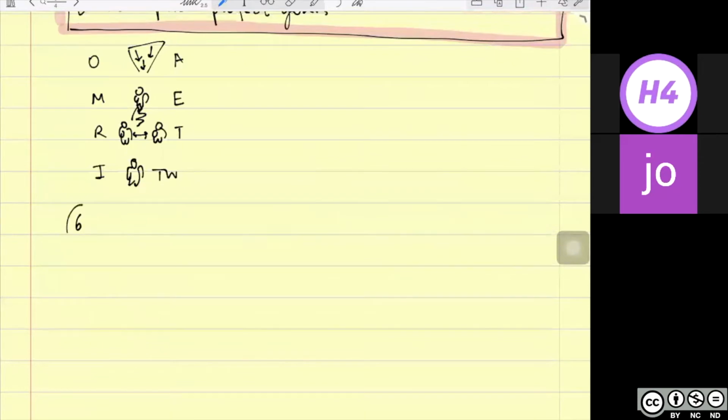The sixth principle is that face-to-face is better than telephone, which is better than email. So this is about communication.